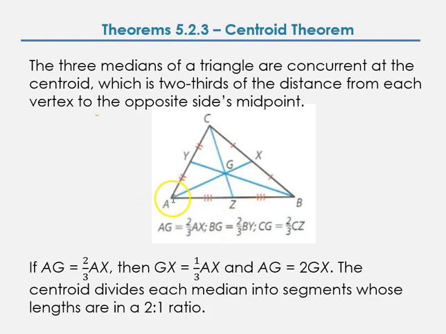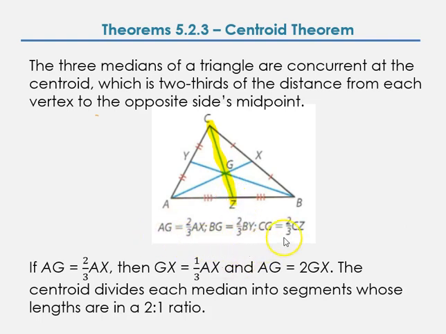As an example, if we take segment AX here, the distance from A to G will be 2/3 the distance from G to X. The distance from B to G will be 2/3 the distance from G to Y. And the distance from C to G will be 2/3 the distance from G to X.